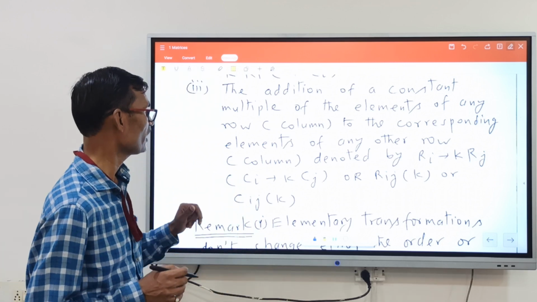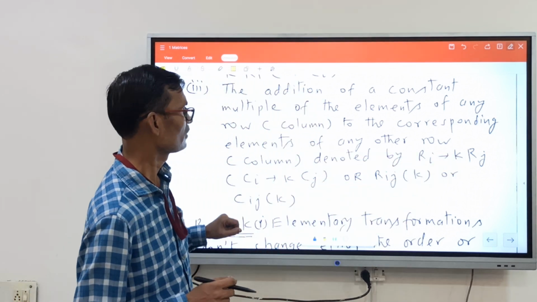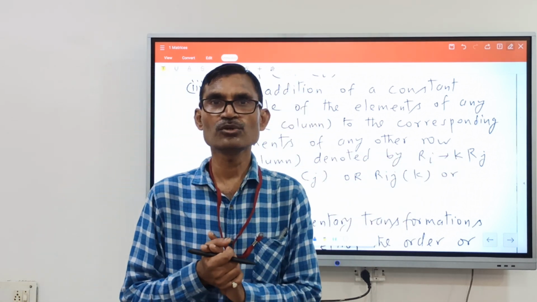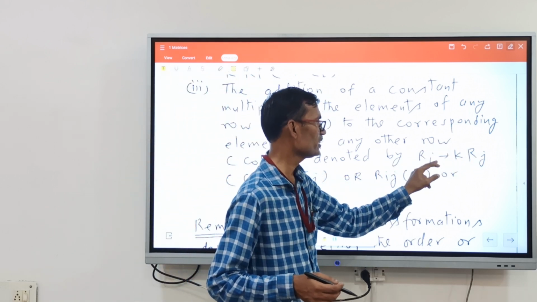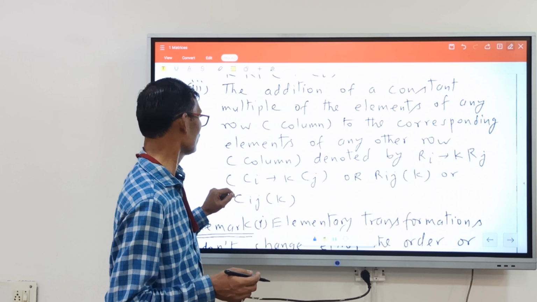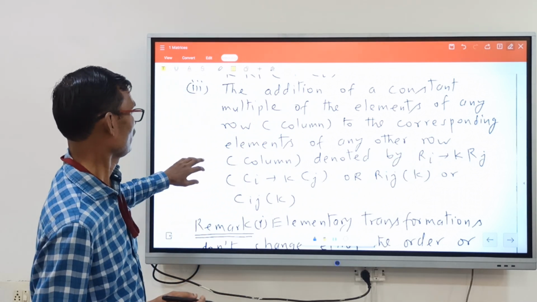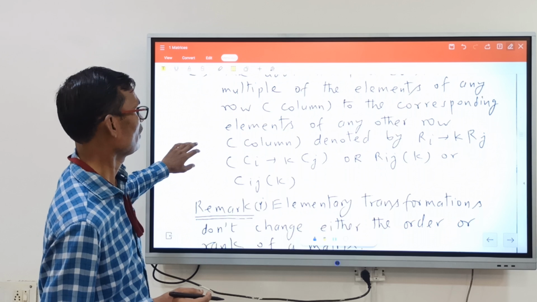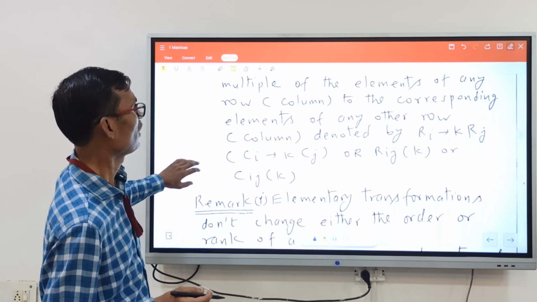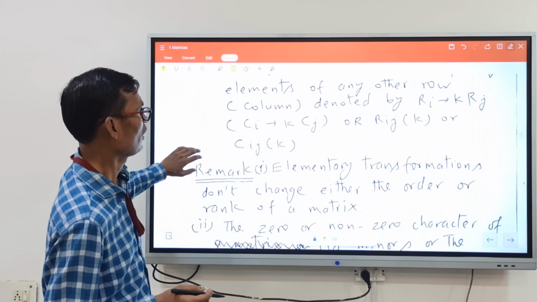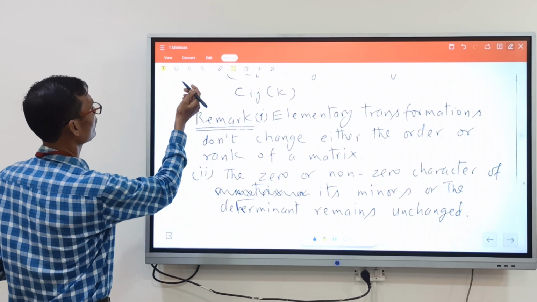Like if we are multiplying the jth row by a non-zero scalar quantity k, let us see what we do here.